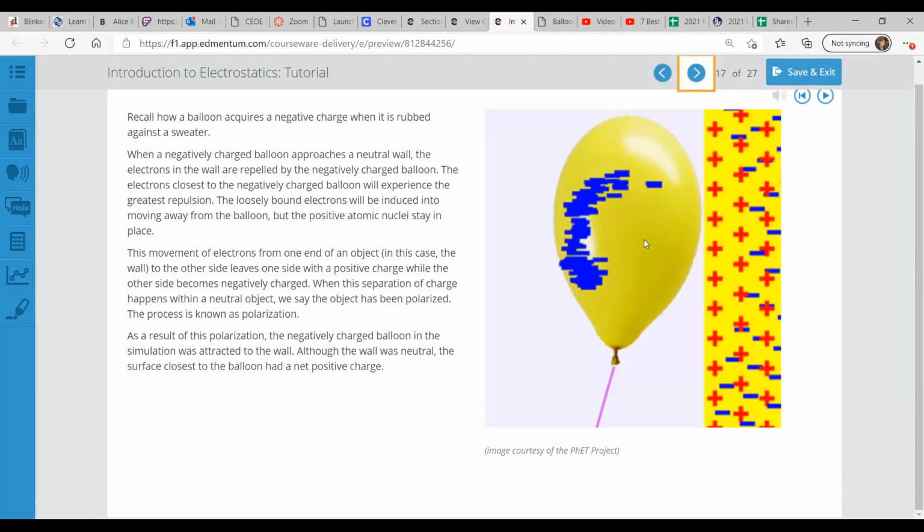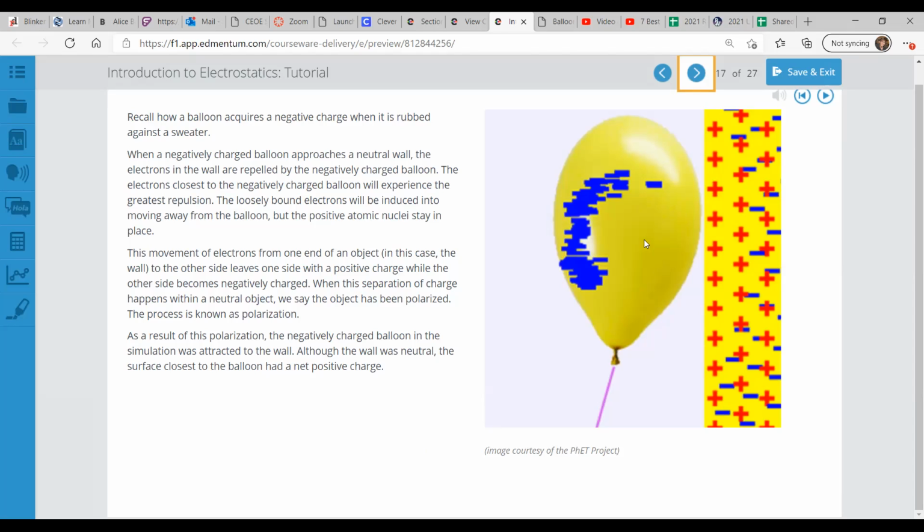The loosely bound electrons will be induced into moving away from the balloon, but the positive atomic nuclei stay in place. This movement of electrons from one side of an object, in this case the wall, to the other side leaves one side with a positive charge while the other side becomes more negatively charged.